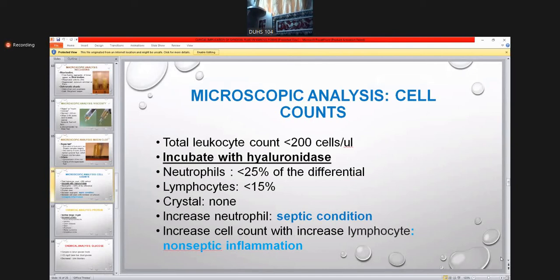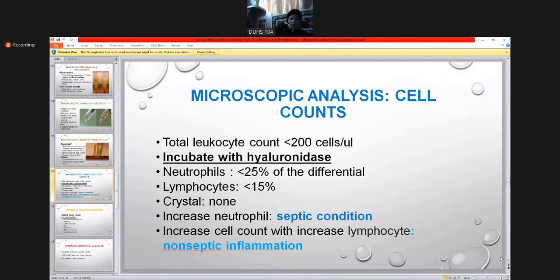Several studies have indicated that the addition of hyaluronidase to the fluid improves the quality of the smear, right? This enzyme markedly reduces the viscosity and decreases the entrapment of the cells. So if we add the hyaluronidase, we can easily count the WBCs.